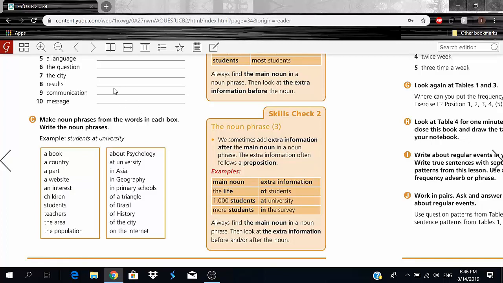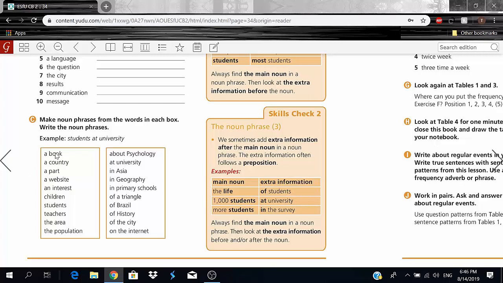The last one was before the main noun, and this one is after the main noun. I cannot write these down, so we'll just have to do this orally. There are different patterns, so you could use different noun phrases. So I'll say my possible answers. You could find other ones or copy mine, whatever.